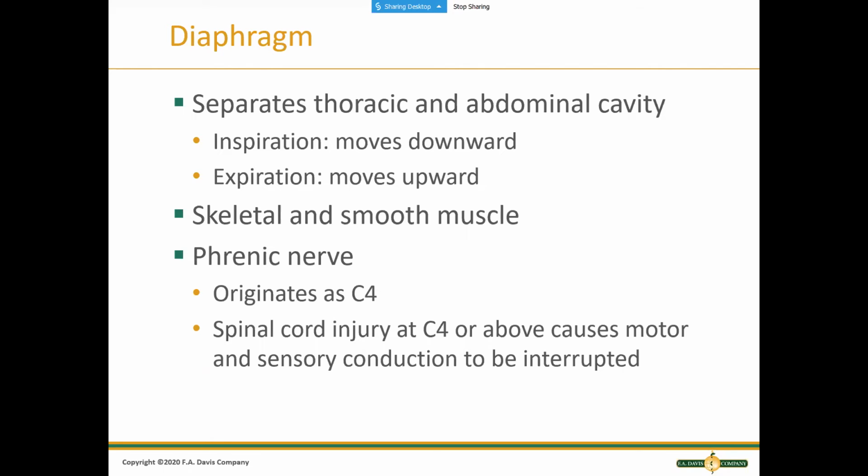And the very important nerve that innervates the diaphragm is called the phrenic nerve, and it originates at C4, so cervical vertebrae number 4, which is right in the middle of your neck. If you break your neck and sever your spinal cord above C4, you will stop breathing, which is a problem. And not many people survive that injury.